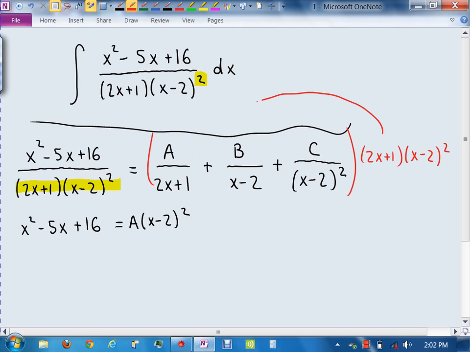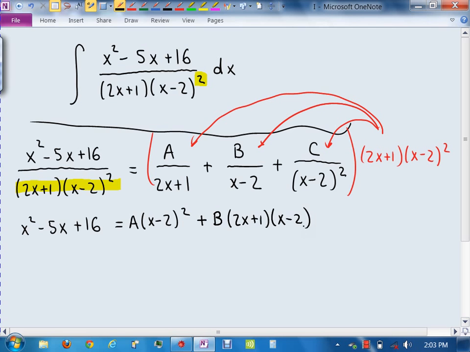So that's going to go to here, here, and here. Does that make a little more sense now? What about the B? What's still there with the B? A 2x plus 1 and an x minus 2. One of the x minus 2's canceled, but the other one's still there.